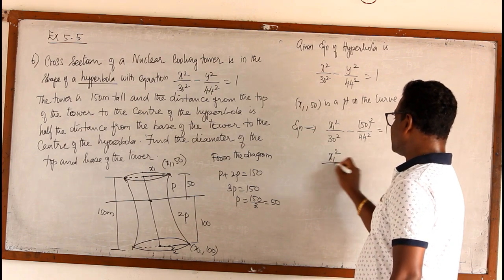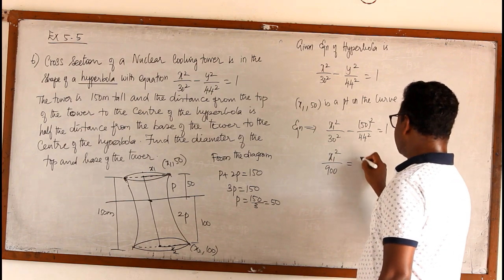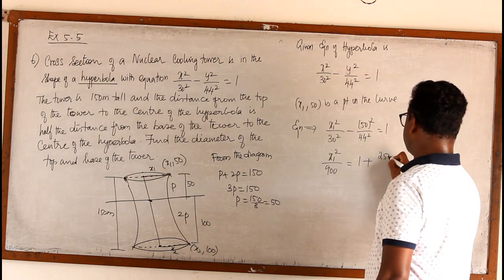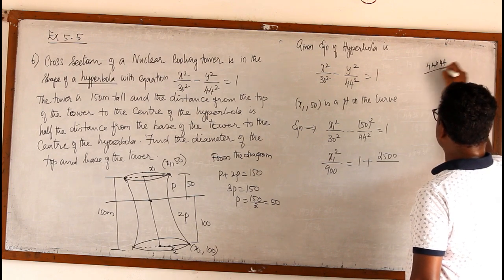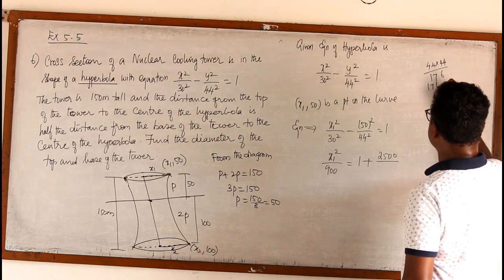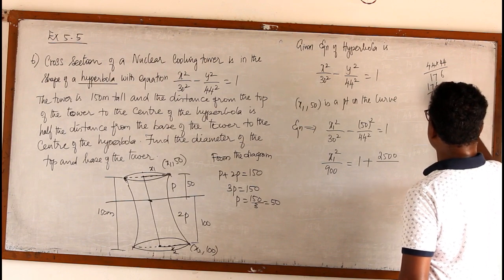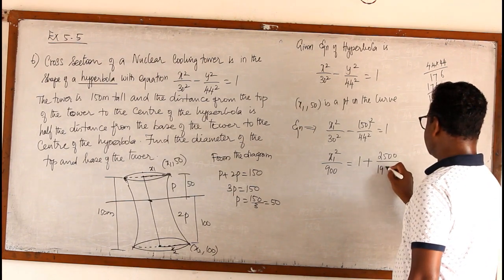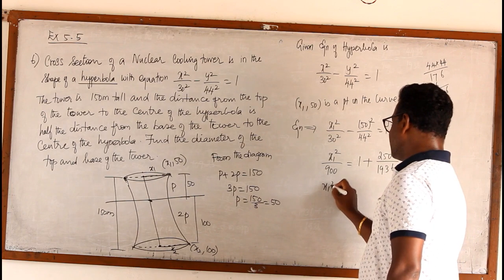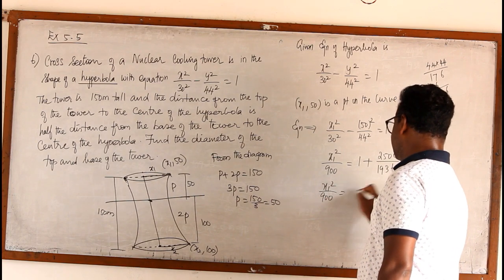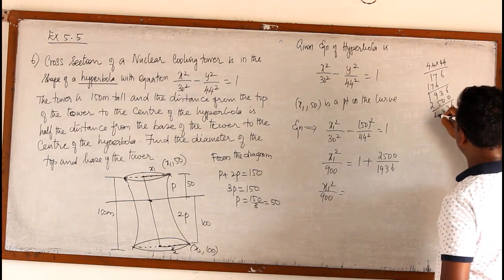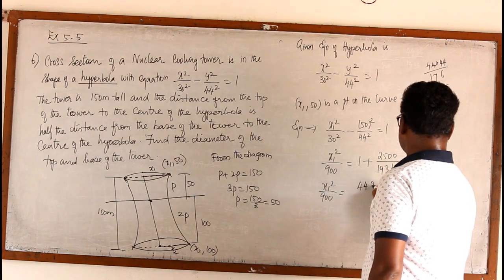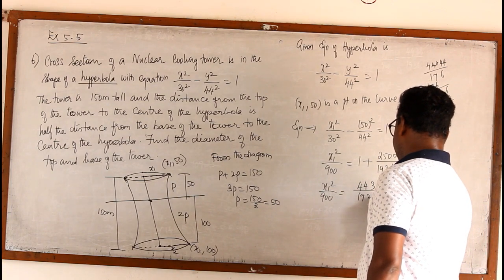So it is x1 square by 900 equal to 1 plus 2500 by 44 square. 44 into 44 is 1936. So x1 square by 900 equal to, when we add 1936 plus 2500, it is 4436 by 1936.